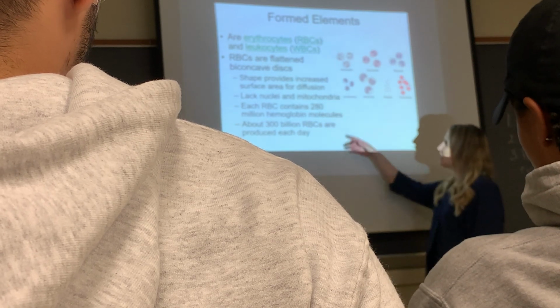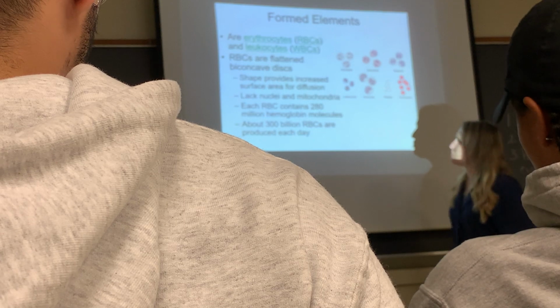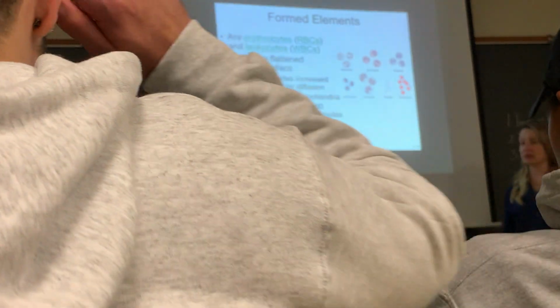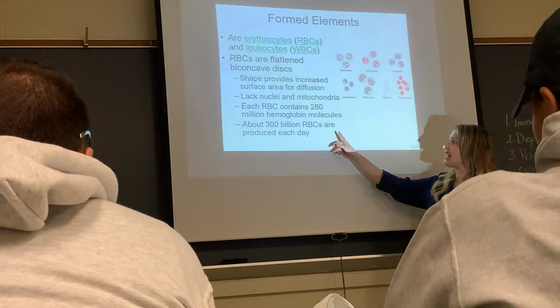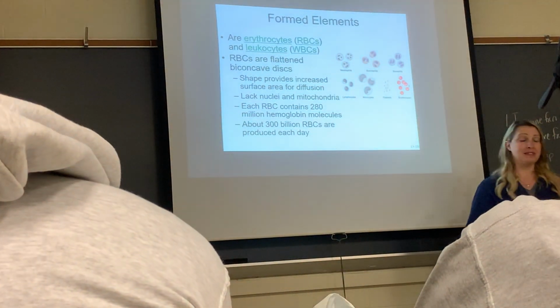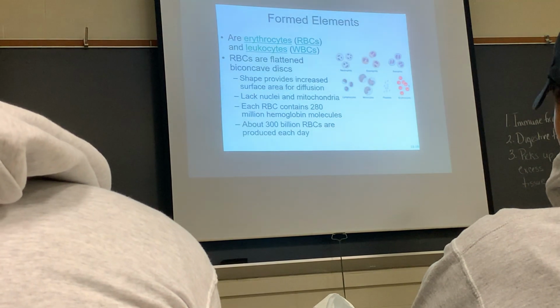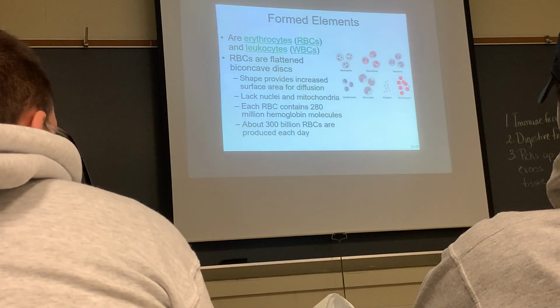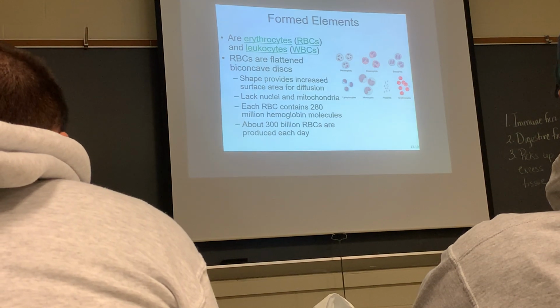But it's interesting: each red blood cell contains about 250 to 280 million hemoglobin molecules, which we're going to talk about. And there are about 300 billion red blood cells produced every day in your red bone marrow, which is pretty amazing when you think about it. So that is that part.